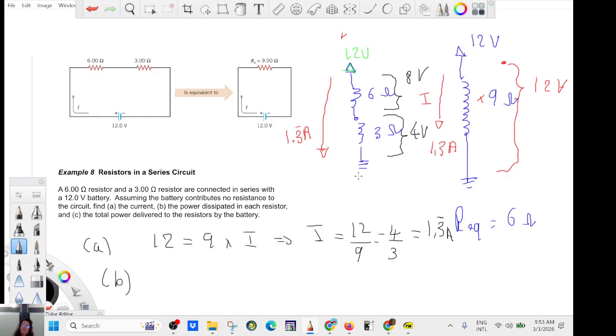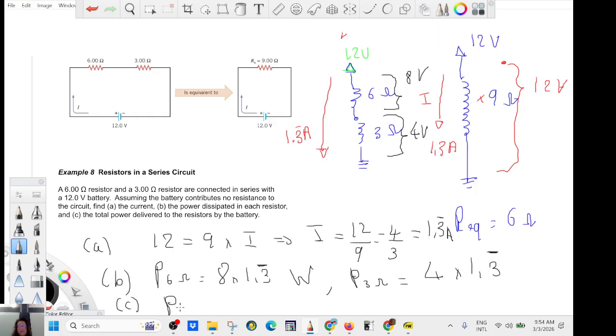Now, if I want to find the power consumed by the 6 ohms, I can do 8 times 1.3 watts. Consumed by the 3 ohm, that will be 4 times 1.3 repeating, and then the power supplied by the battery is going to be 12 times 1.3.